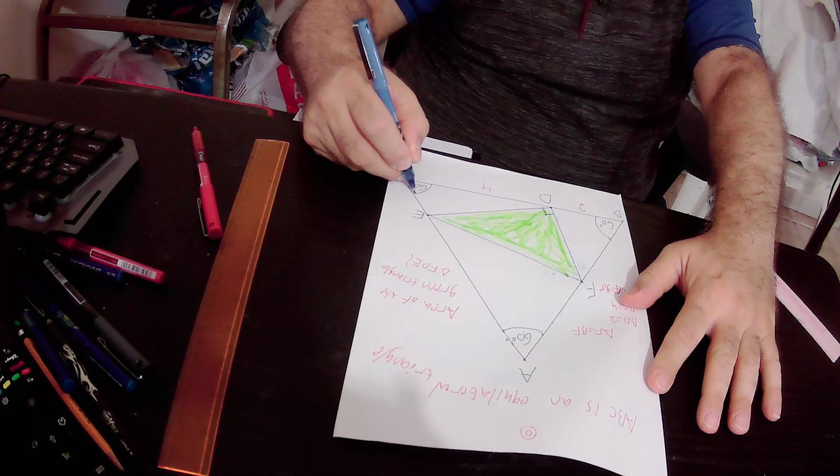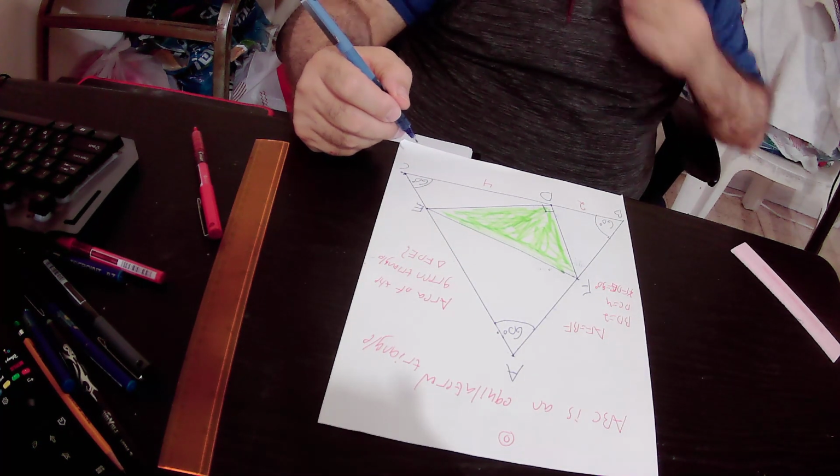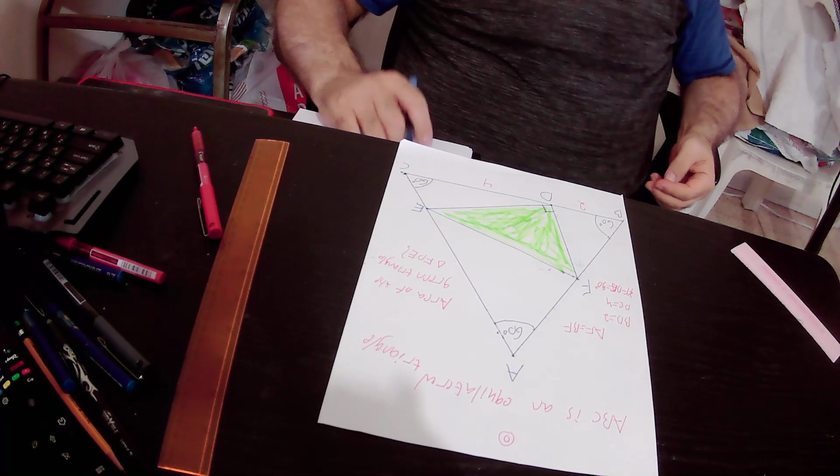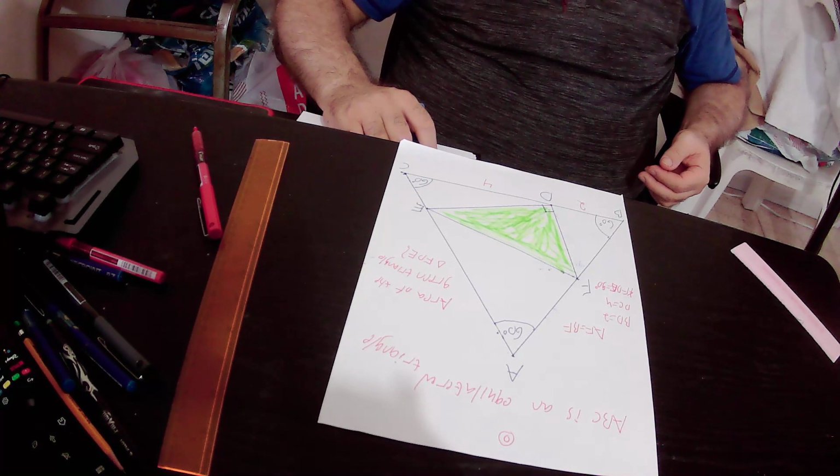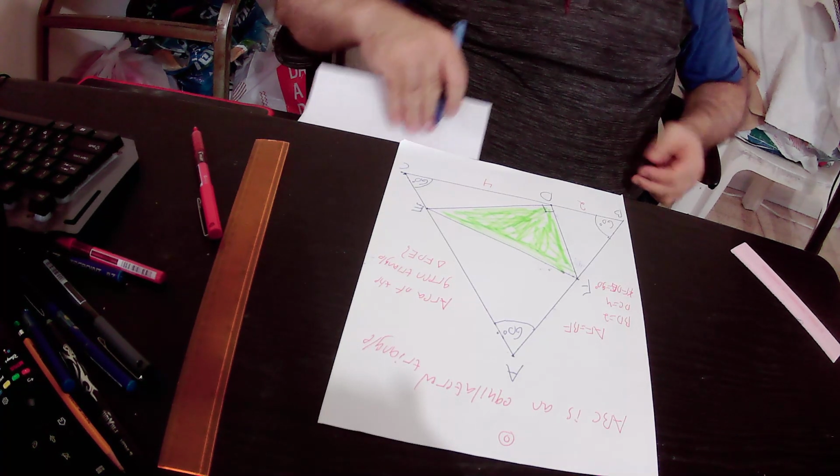Okay, and we also know that all the sides of an equilateral triangle are equal to each other.